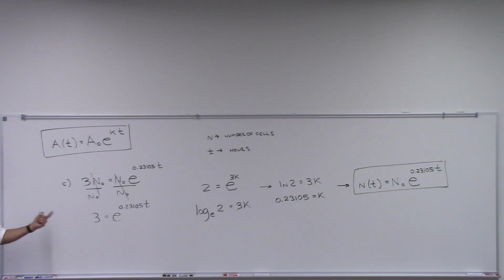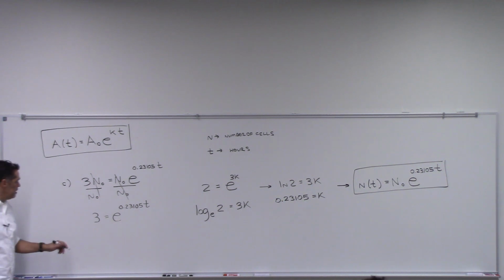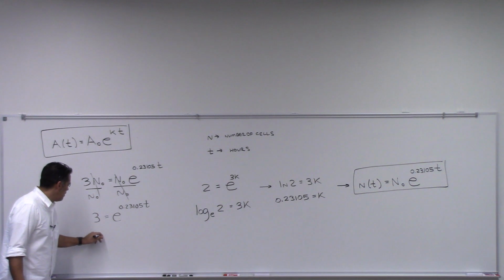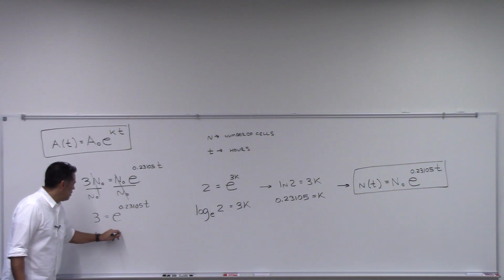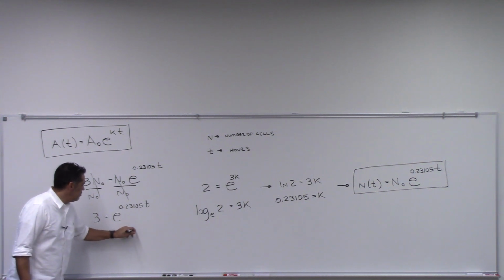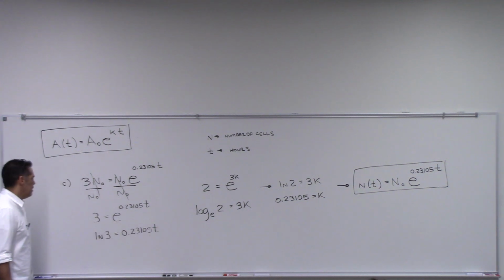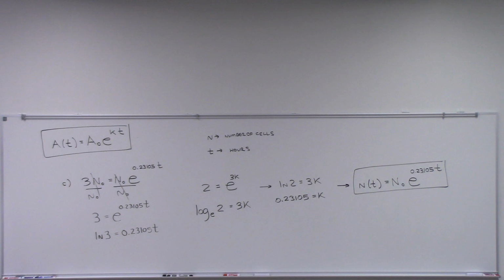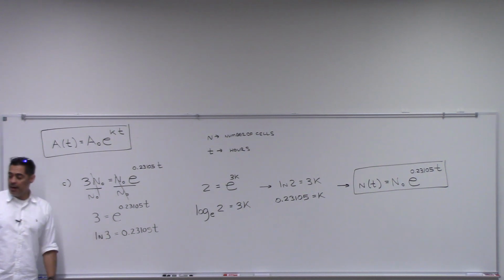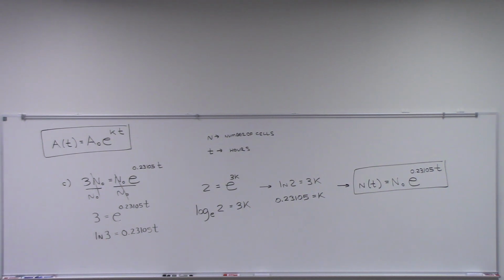We're just going to rewrite this as a log. And is it okay with you if I just go straight to the natural log now instead of writing log base e? So this is going to be natural log 3 equals 0.23105t. And then I get on my calculator, I do natural log of 3, and then divide it by that number that I just got.